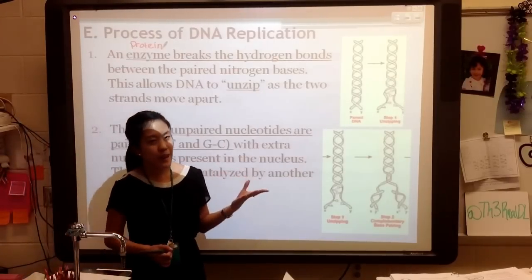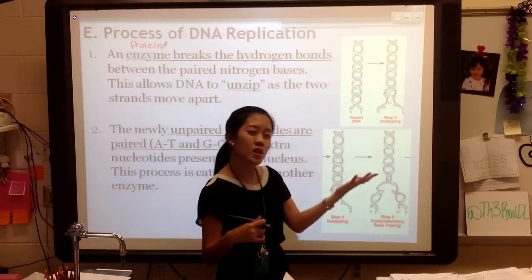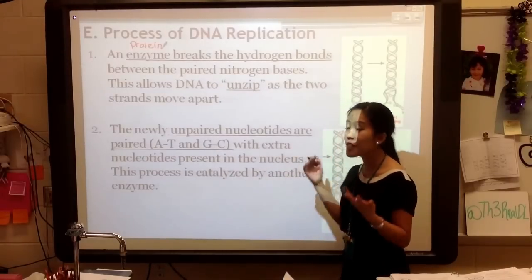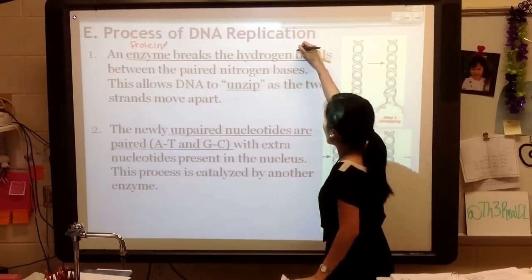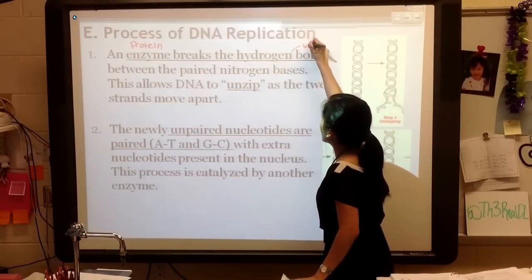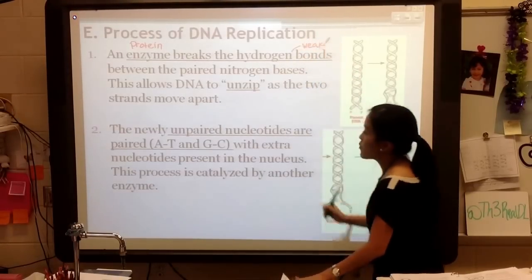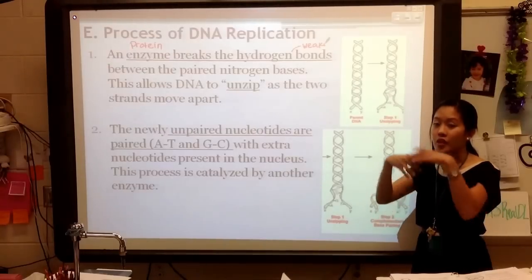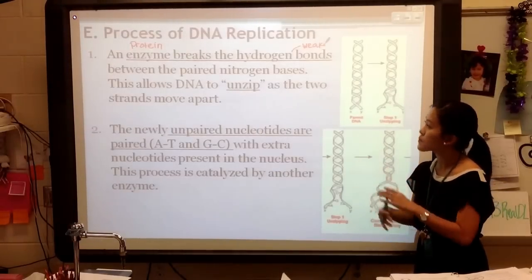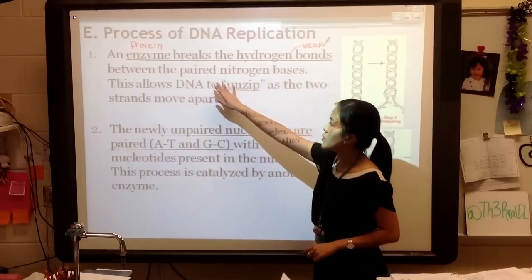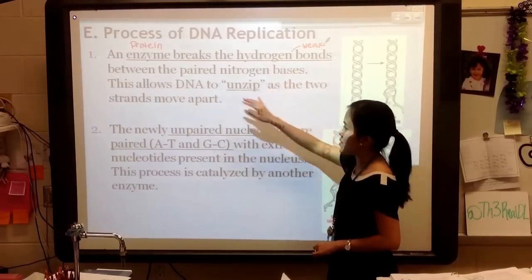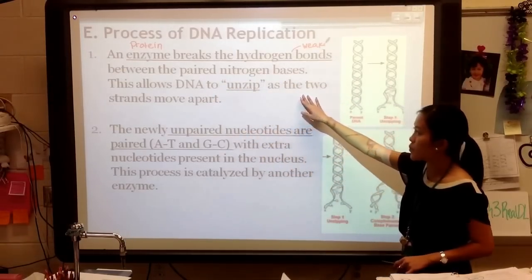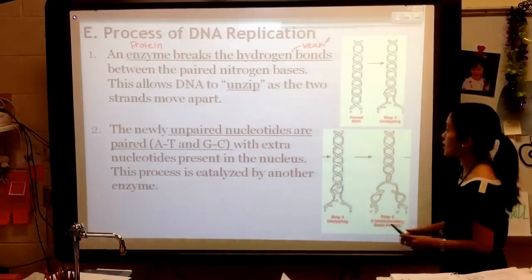What did we talk about with the hydrogen bonds yesterday? Were they weak or were they strong? Hopefully you remember that hydrogen bonds are weak. It's important that they're weak so that they can be pulled apart. So between the paired nitrogen bases, this allows the DNA to unzip as the 2 strands move apart.